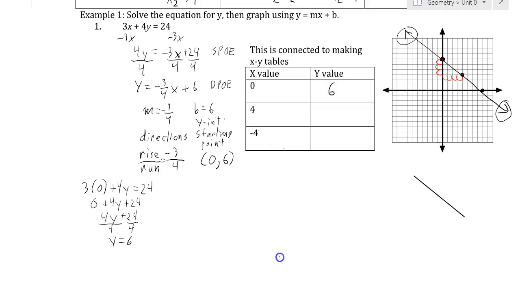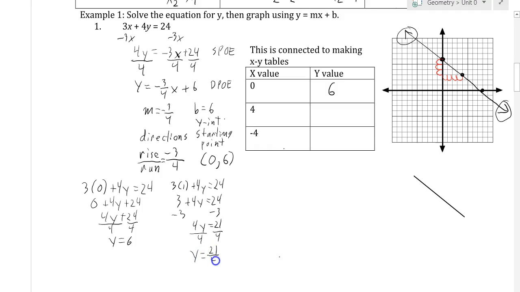Lots of times then people pick 1. 3 times 1 plus 4y equals 24. 3 plus 4y equals 24. So I subtract 3 and divide by 4. 21 fourths?